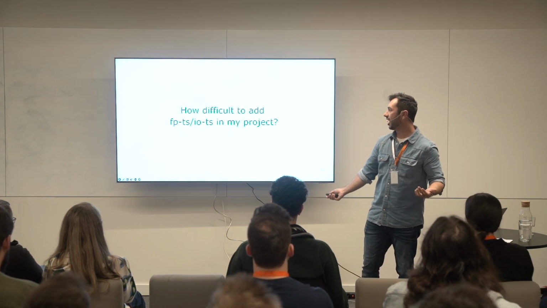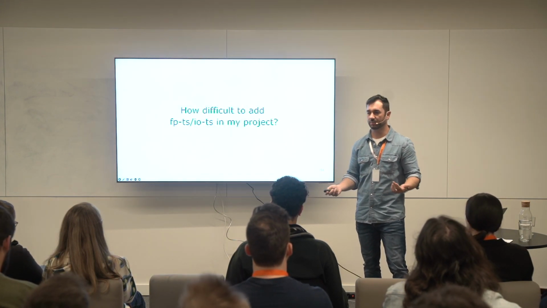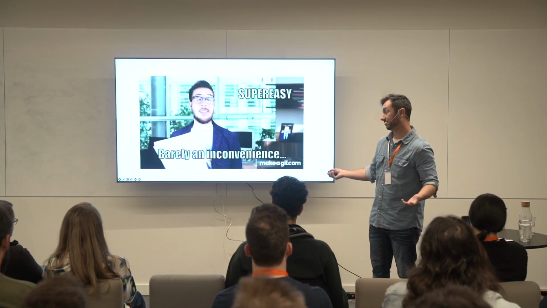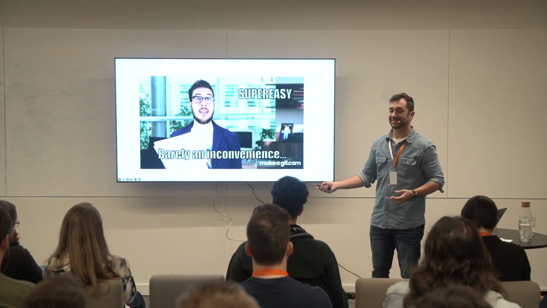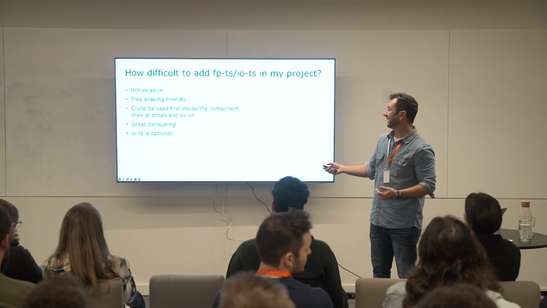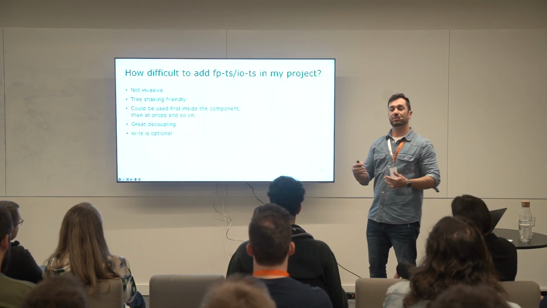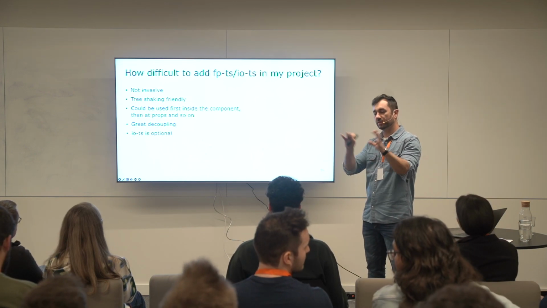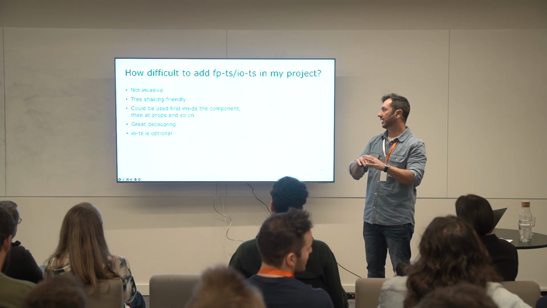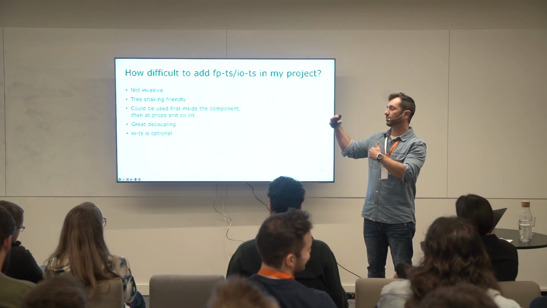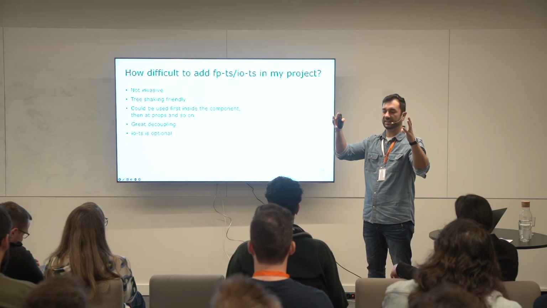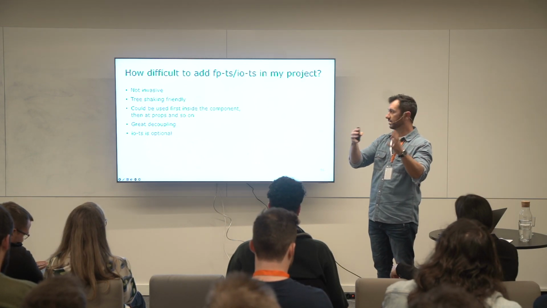So how hard is it to add it to my project, since that might be complicated? Yeah, it's nothing, because you can incrementally add it to your project. You can add small validations in some fields as properties, and then you can start to use it in services, and then you can start to have components that receive it as props.